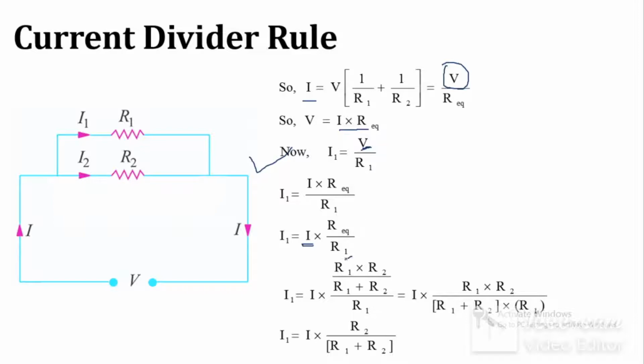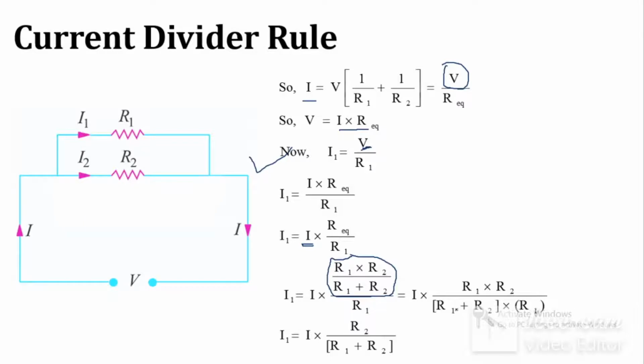Now we will derive the R equivalent. R equivalent is equal to R1 into R2 divided by R1 plus R2. So in this equation, this denominator comes to multiply with R1. So I1 becomes I into R1 into R2, and this R1 plus R2 will shift down and multiply with R1.